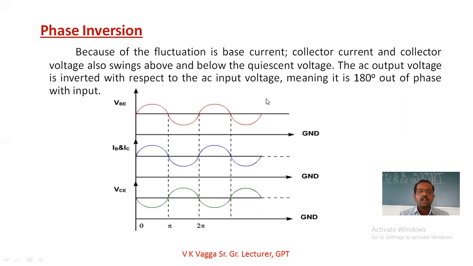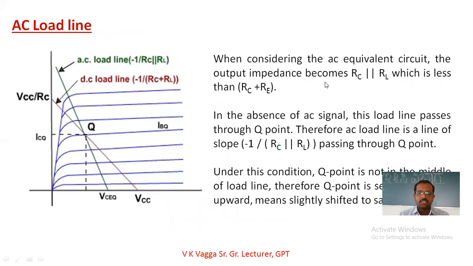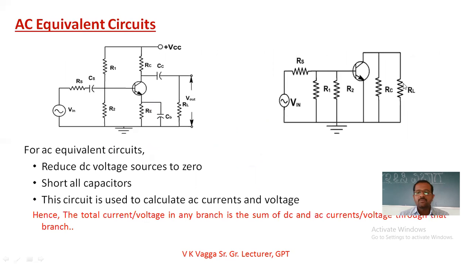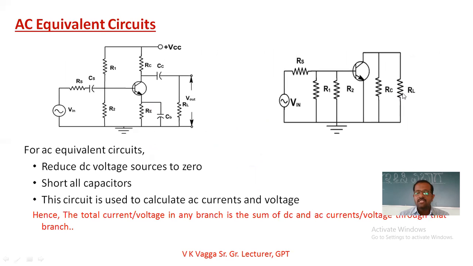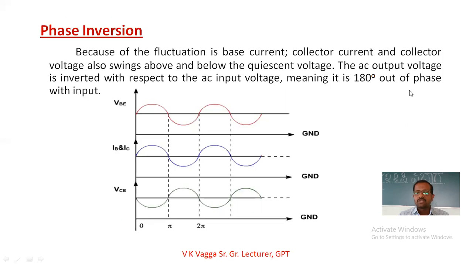That means the output is out of phase with the input, with phase inversion. So if you draw the AC load line, in the DC equivalent circuit only RC plus RE is considered. But if you take the AC equivalent circuit, RC in parallel with RL is considered here.